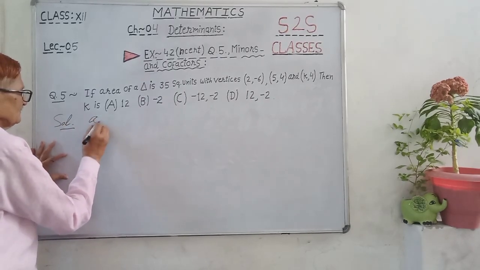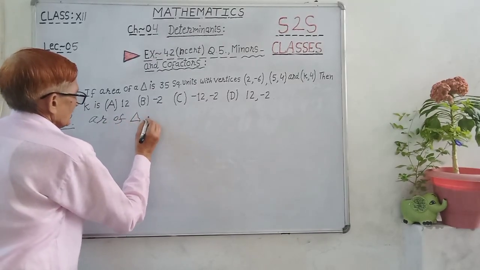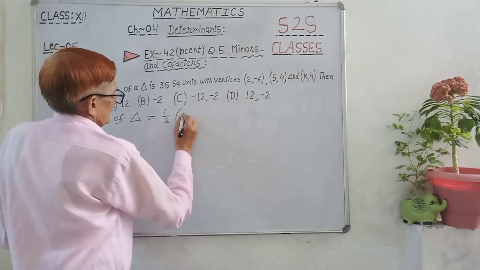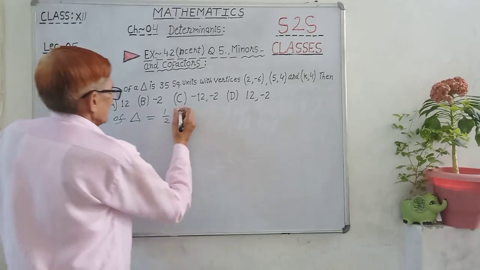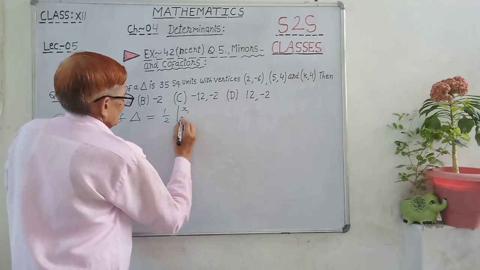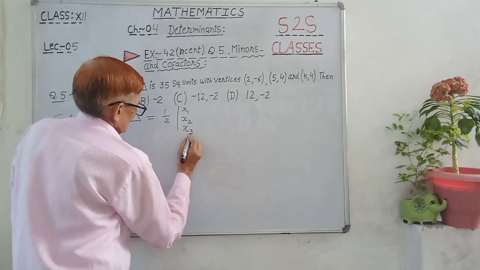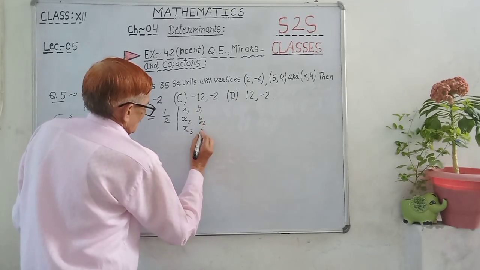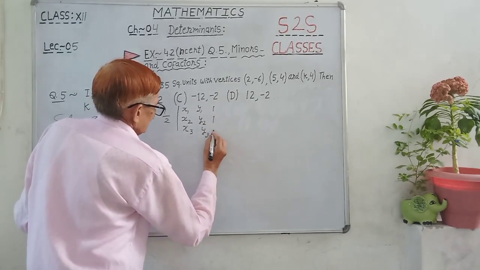Solution: the area of a triangle we know is equal to half of the determinant with rows x1, y1, 1; x2, y2, 1; x3, y3, 1.